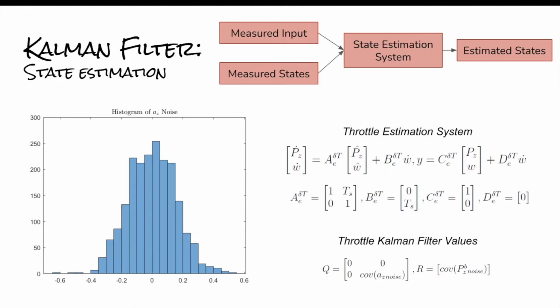And for our throttle Kalman filter input values, we use the covariance values of the noise for our AZ as well as our PZB values. And here on the left, you can see the histogram of our AZ noise. We specifically wanted to look at the histograms for each measured value to ensure that the noise was additive Gaussian noise.